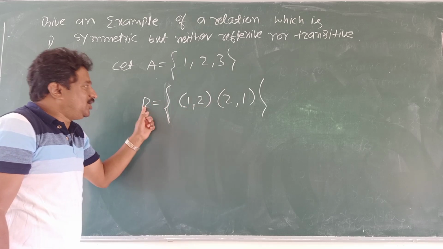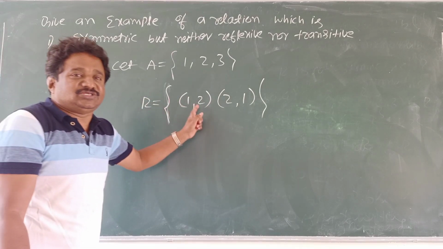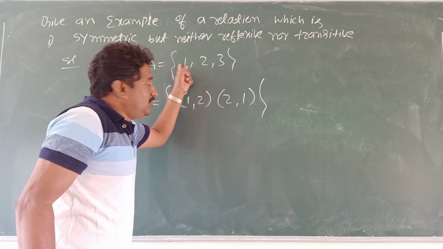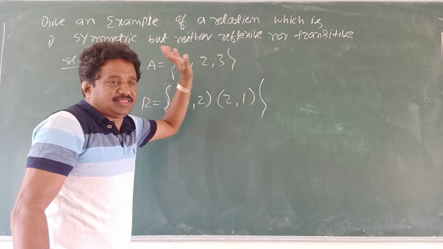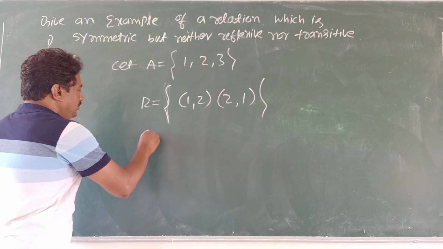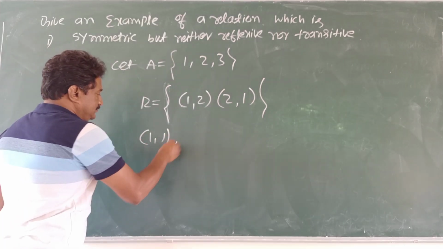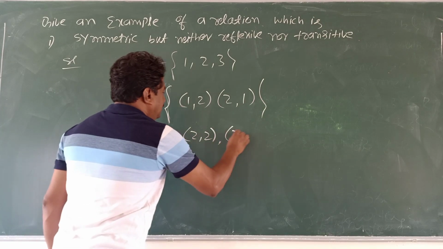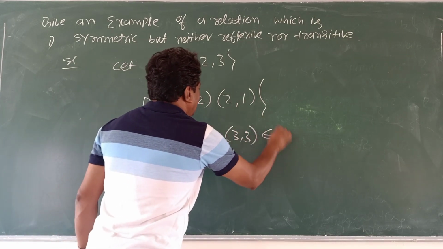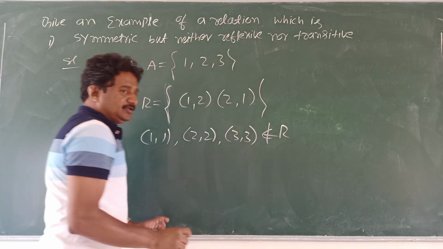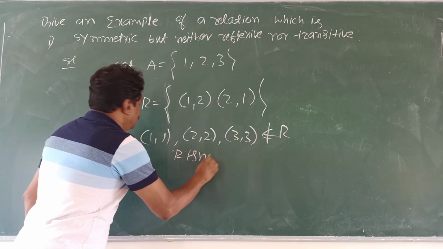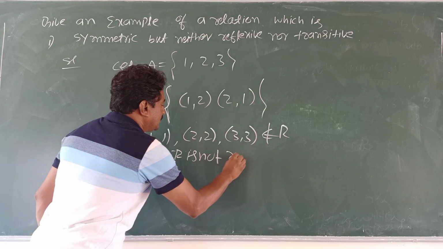This relation does not contain (1, 1), (2, 2), (3, 3). So (1, 1), (2, 2), (3, 3) do not belong to R. Therefore, R is not reflexive.